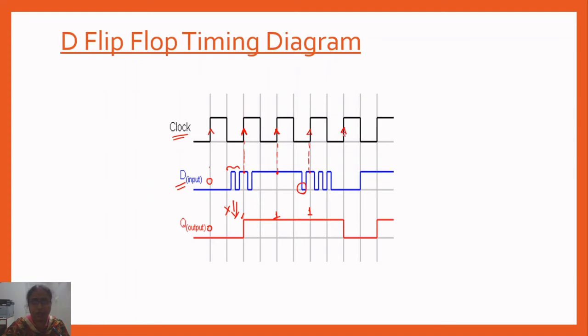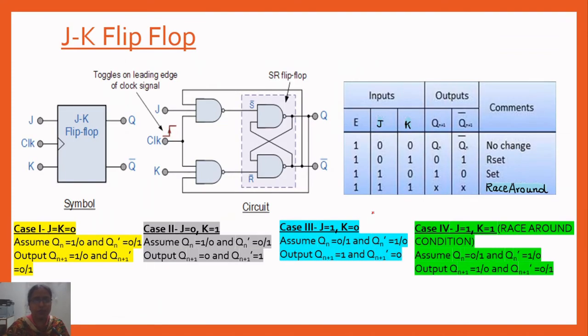At this instant, D is 0, so now see Q is 0. At another instant, when the positive edge of the clock comes, D is high, so the output is also high. Like this we can make out the outputs from the timing diagram.